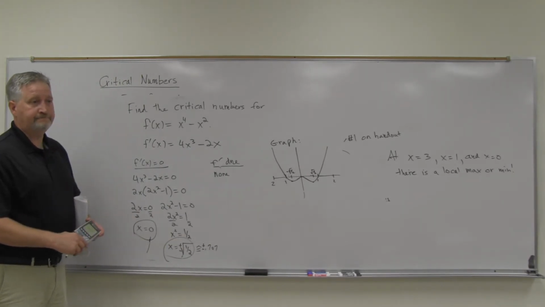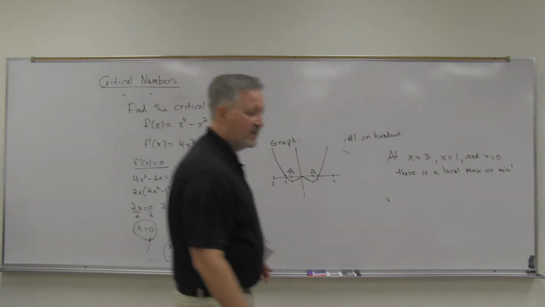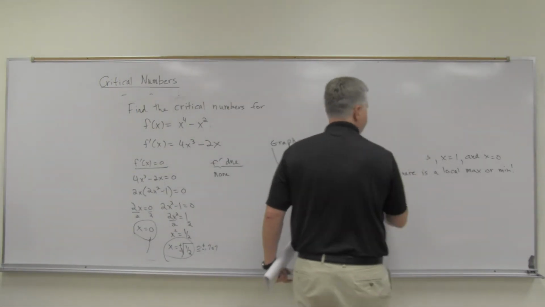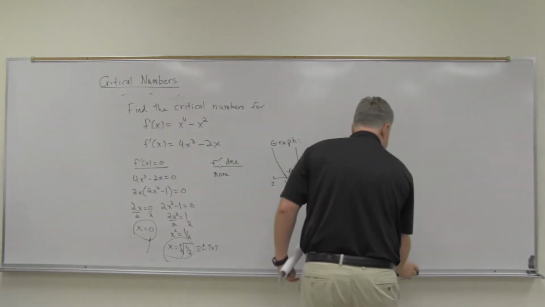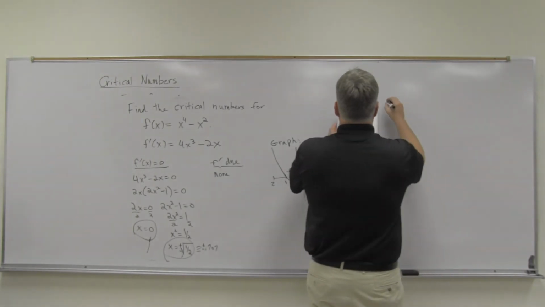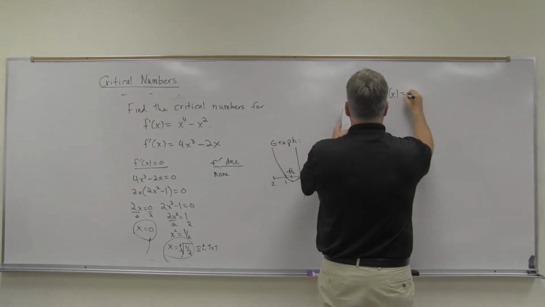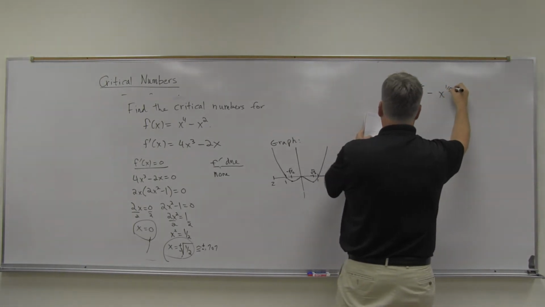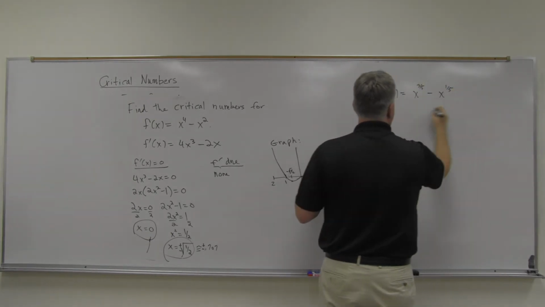All right? Now, one thing I would point out also here, well, let's do this one. F of x equals x to the 3/5 minus x to the 1/5. Find the critical numbers.